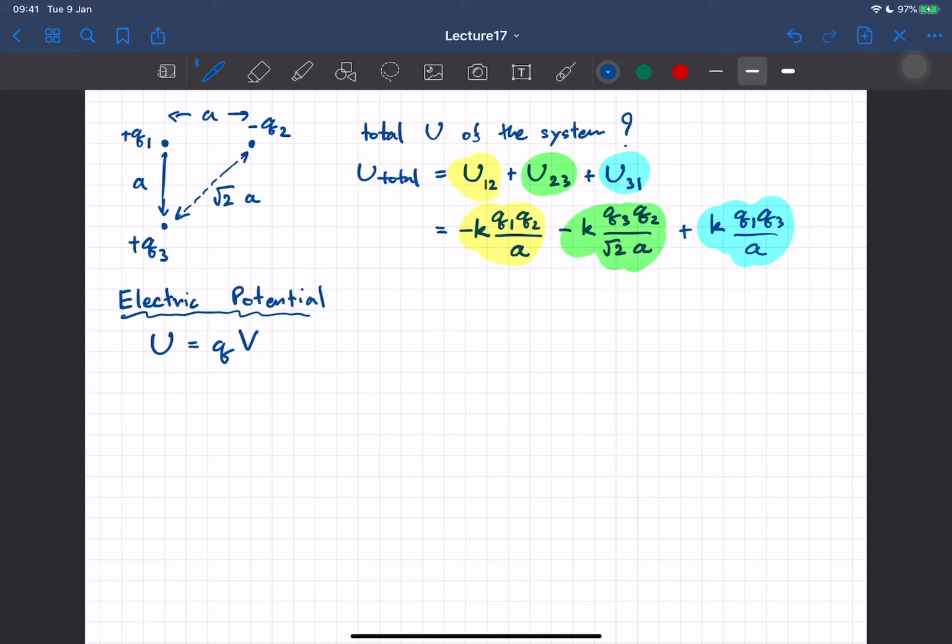So what's the idea behind this? Well, remember that if we have plus Q and then small q here, the potential energy is U equal to KQq divided by R, and R is the distance between the charges.